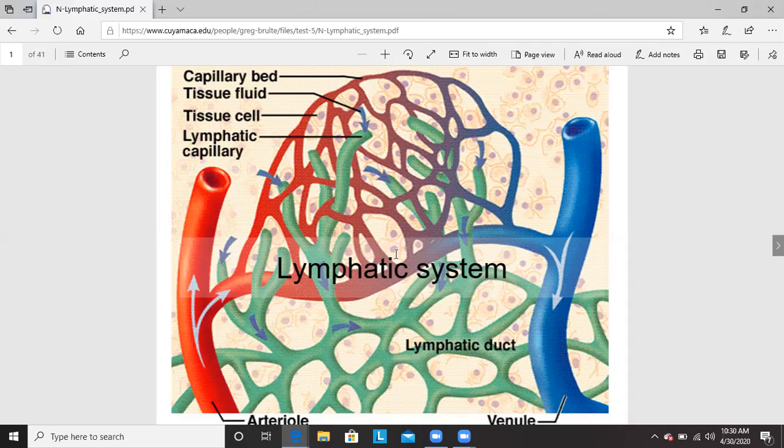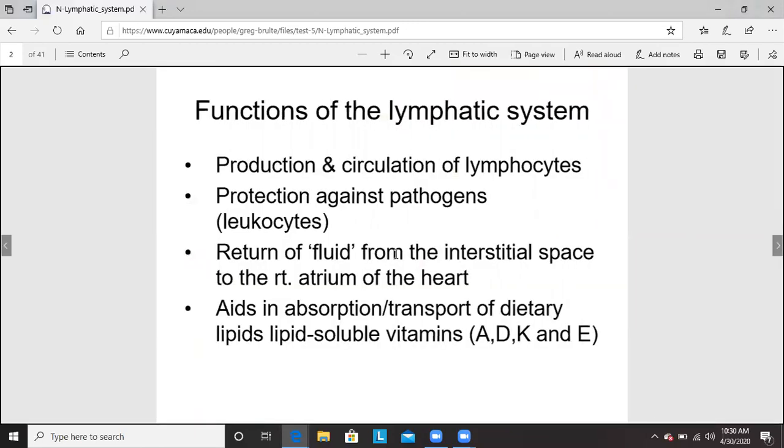So anyway, a lot of this is rehash. Some of it's new material. But the functions of the lymphatic system are production and circulation of lymphocytes, and protection against pathogens. That's what your leukocytes or white blood cells do. There are other immune components in there.